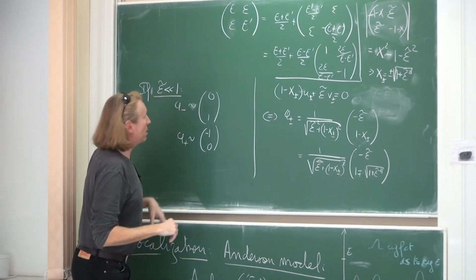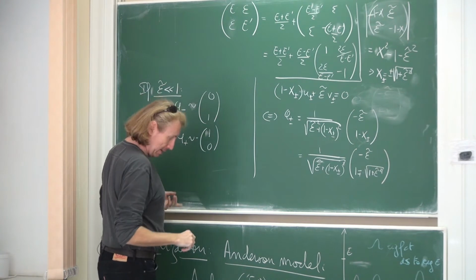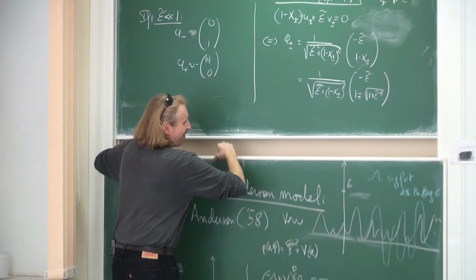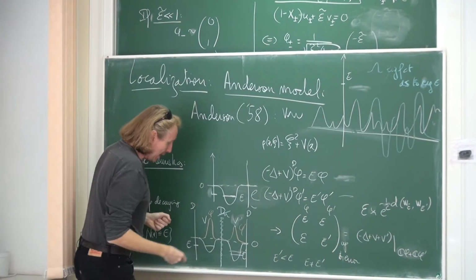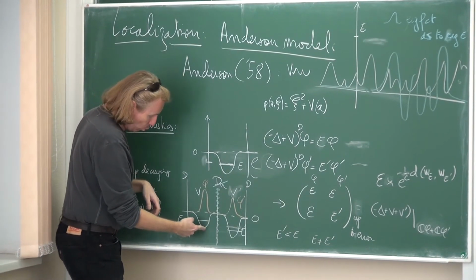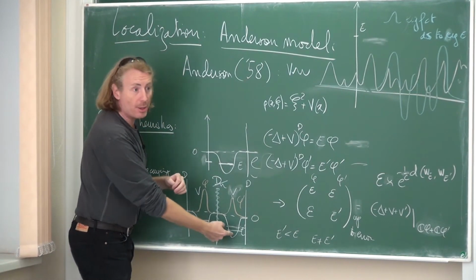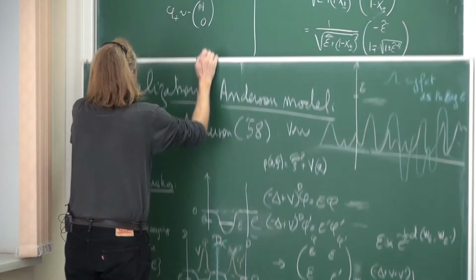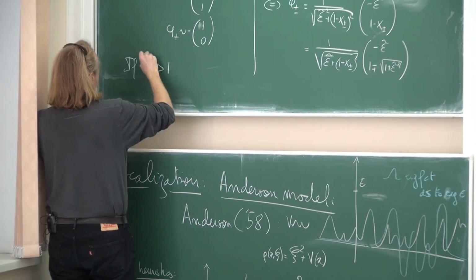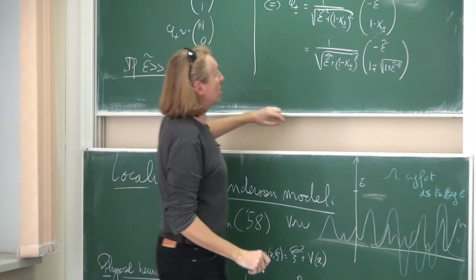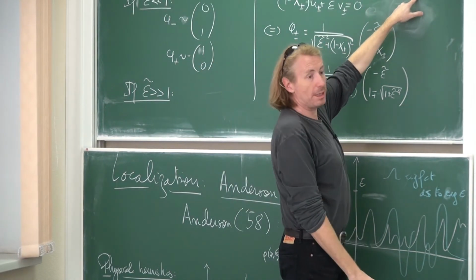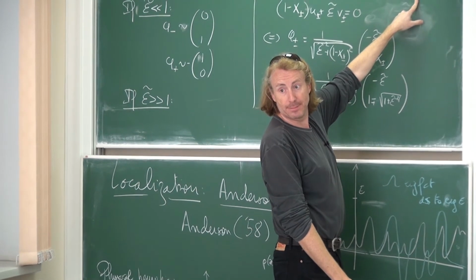Okay, and what does it mean? It means that if epsilon is much smaller than 1, in the picture I have here, the new eigenfunctions, when you couple the two systems, are still going to leave one in this well and the other one in that well. But if epsilon is much larger than 1, then the leading term here is not going to be 1, it's going to be epsilon tilde, right?